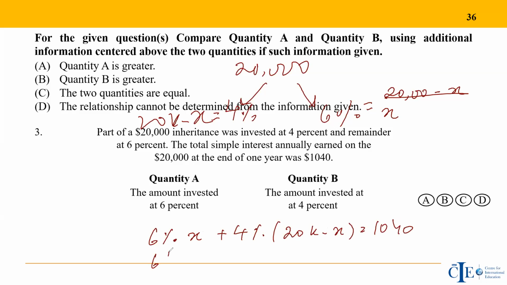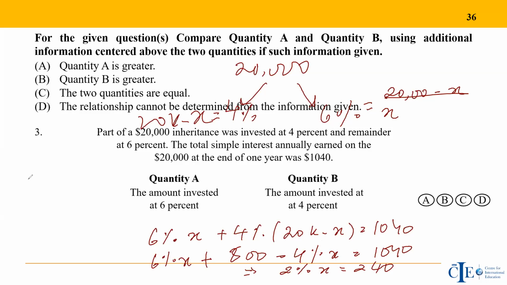So that is 6% of X plus 4% of 20,000. 1% of 20,000 is 200, so 4% would be 800, minus 4% of X, which is 1040. So therefore, 6% minus 4%, that is 2% of X, actually is 240.